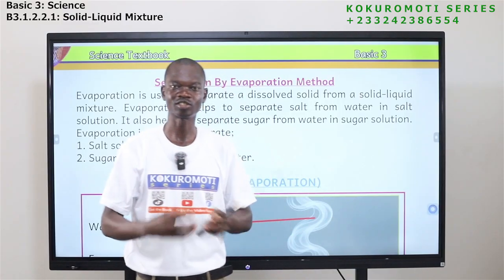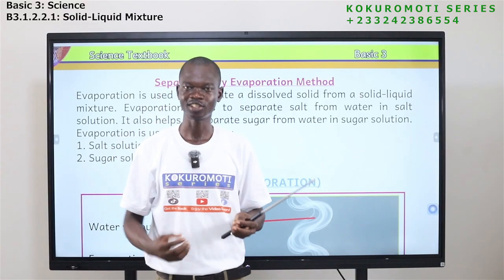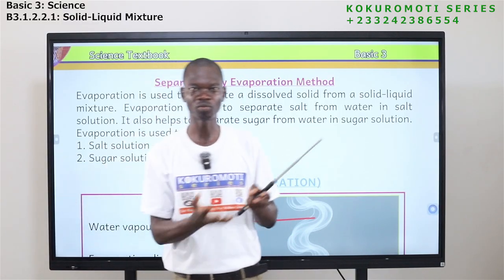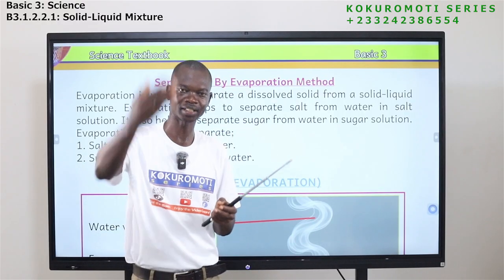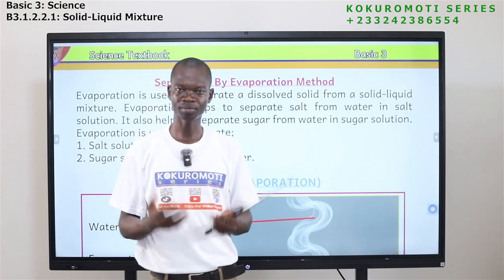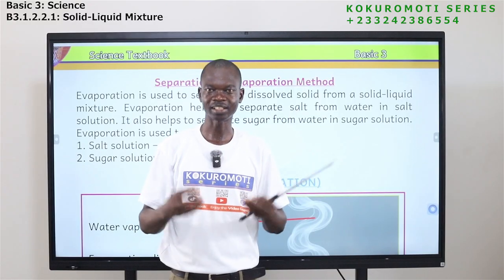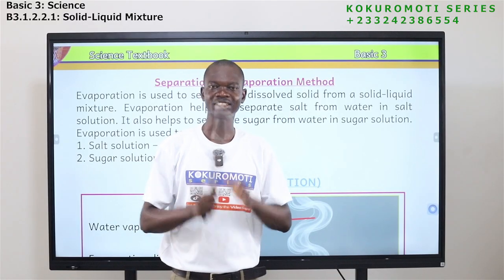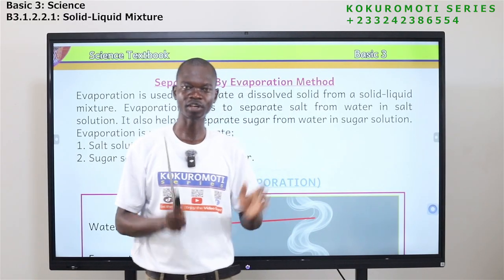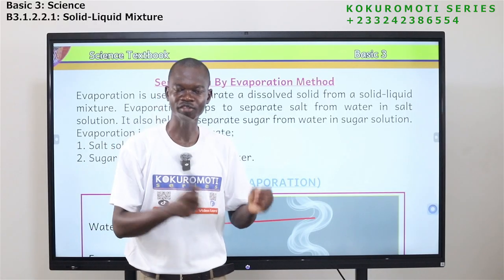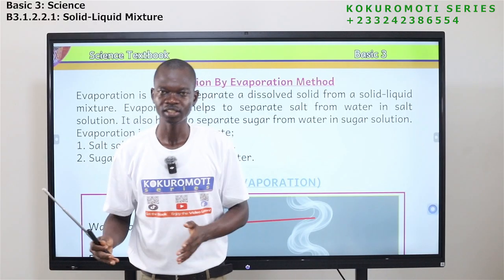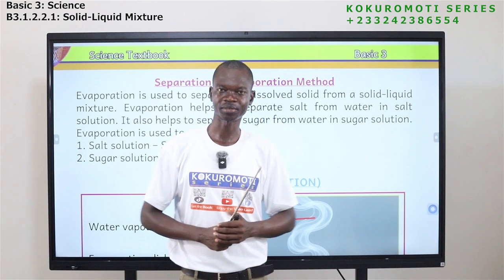But water is not gas. Water is what? Liquid. So if you apply heat to the water, it will turn into what? Vapor. And that process is called what? Evaporation. That process of evaporation is a way of separating solid substance from liquid substance.